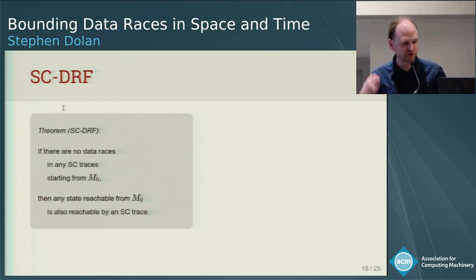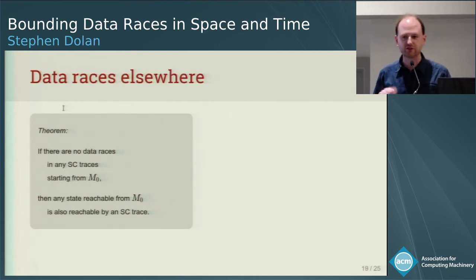The first thing we're going to do is think about data races elsewhere, data races on other variables. We want to be robust in the face of a data race occurring on a variable other than the ones that we currently care about.